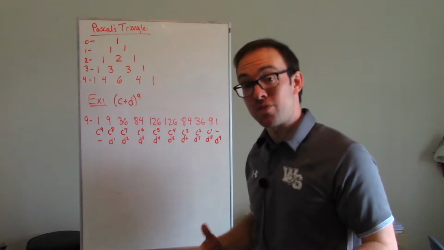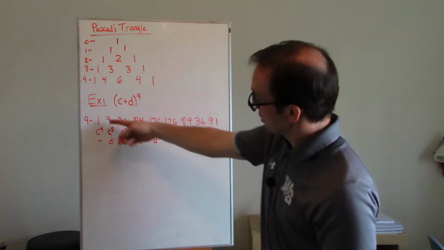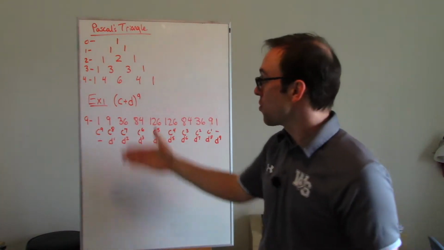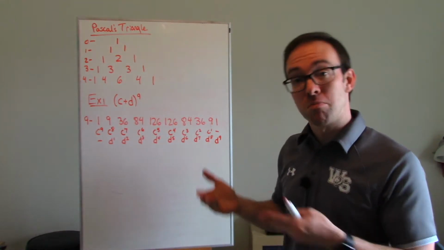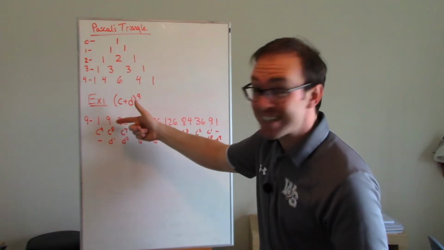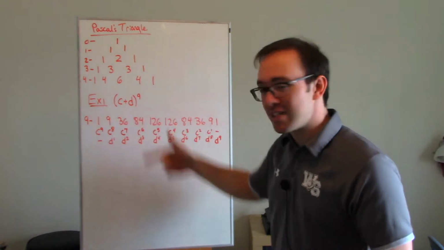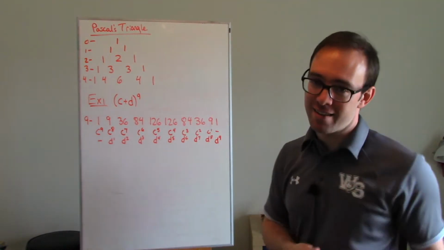And then the answer to this is just putting each of these columns together. So 1 c to the 9th, plus 9 c to the 8th d, plus 36 c to the 7th d to the 2nd.